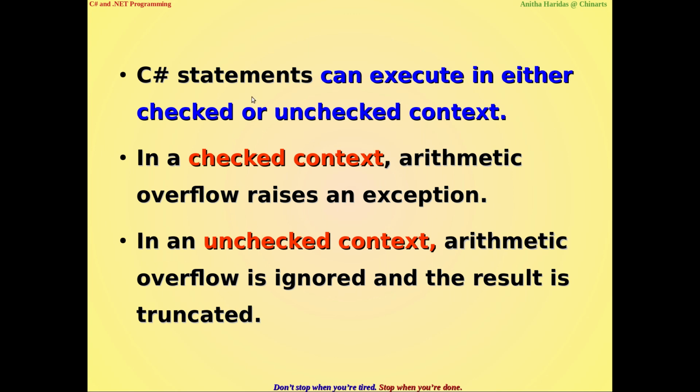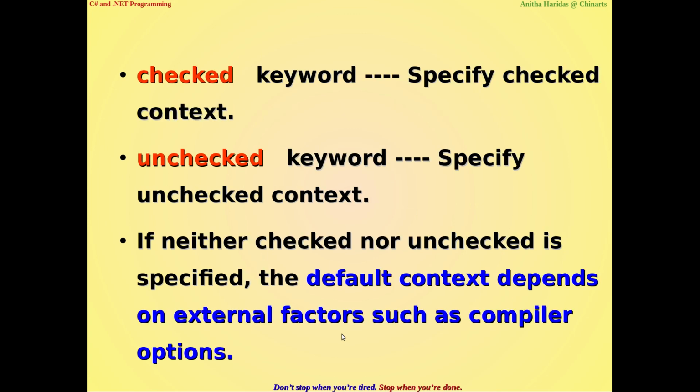In C# statements, we can execute checked or unchecked context. If you have checked context, the arithmetic overflow raises an exception. It informs the user that there is an error. Whereas if you are using the unchecked context, suppose for example you don't want the exception to be raised or you want to ignore the overflow, then you can use the unchecked context and the result will be automatically truncated.